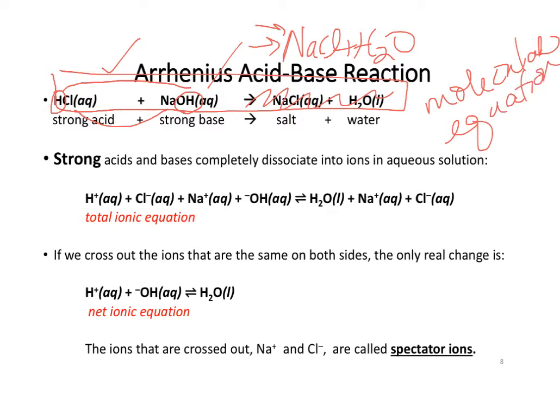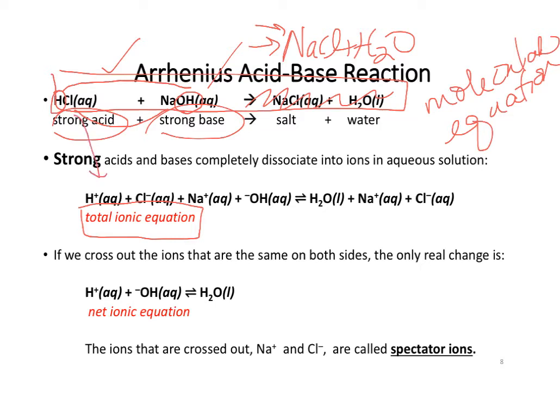If you are asked to write the total ionic equation, they are asking you to separate or ionize or break apart those compounds that exist as ionized in solution. So from the definition I just gave you on the last slide, if you have a strong acid or a strong base, that means in solution they exist 100% as the individual separated ions.